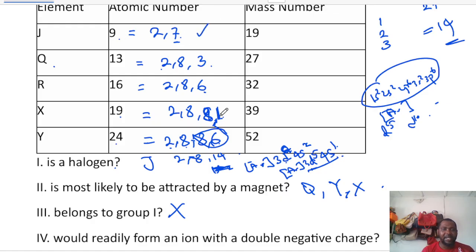So this is diatomic. No, this is a metal. No, this one also is diatomic. This is oxygen, oh no, this is sulfur. Sulfur is not diatomic. This is a metal. This is a metal. So the correct answer is just J.